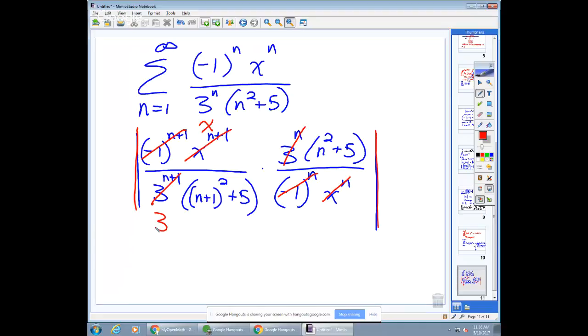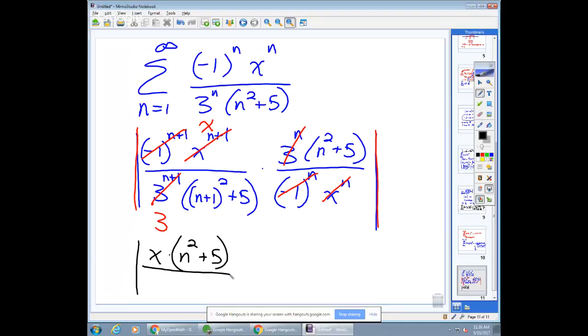So I'm going to rewrite at this point. So what do we have? We can't get rid of the absolute value yet because we still have x hanging around in there. So I'm going to leave the absolute value for now. In the numerator, I have an x times (n squared plus 5).